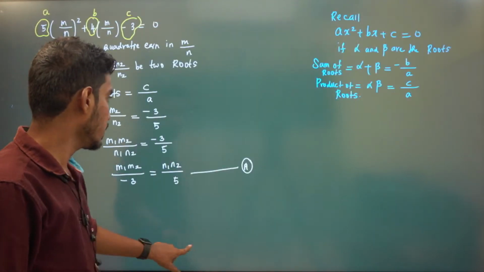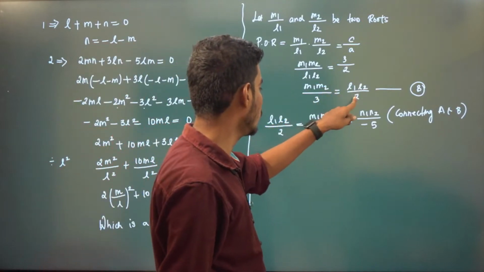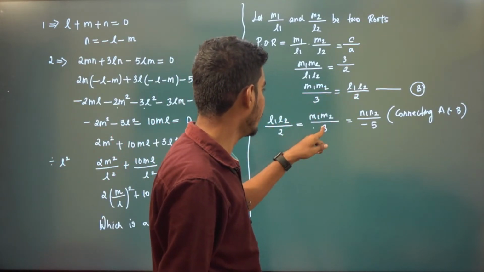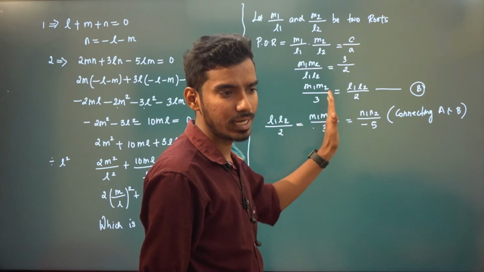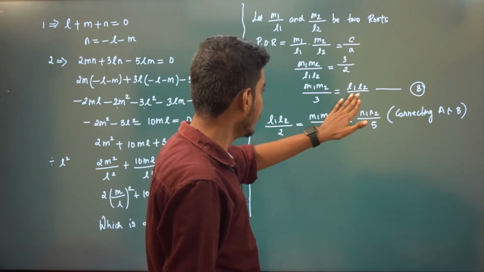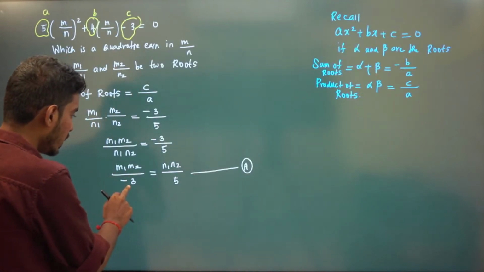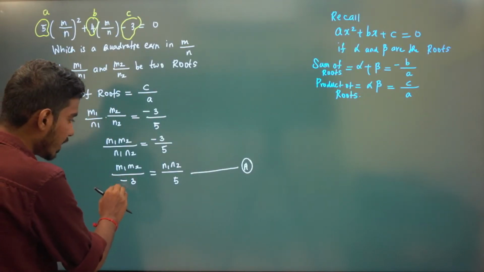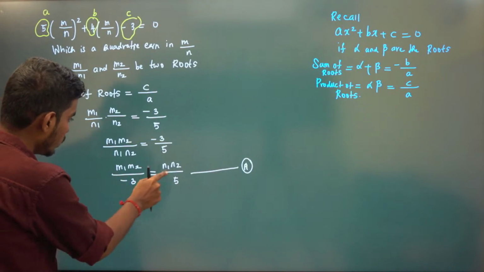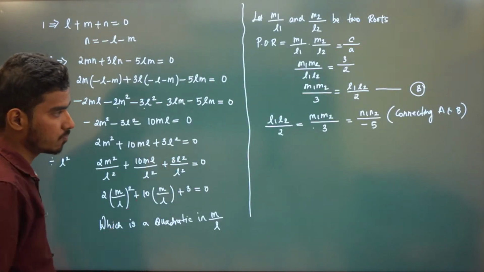So you can see from here we have L1 L2 by 2 is equal to M1 M2 by 3. We will always write L M N in that order. So L1 L2 by 2 is M1 M2 by 3, and from here we know M1 M2 by 3, taking the minus to this side, is N1 N2 by minus 5.